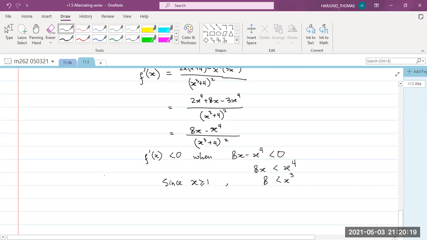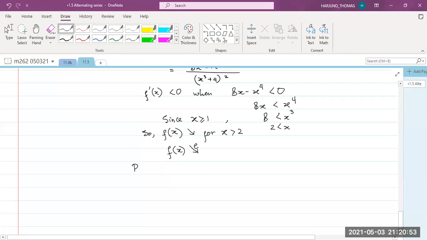So f of x is decreasing for x greater than 2. In other words, f of x is eventually decreasing. Is it right?